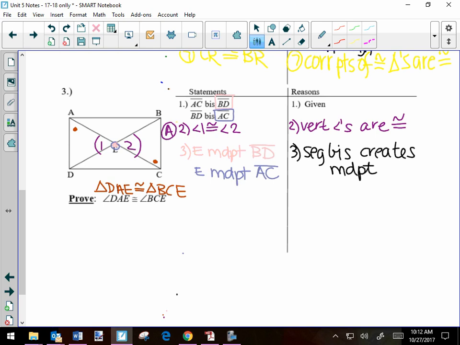So if I look at what I have in line 3, the first fact that E is the midpoint of the segment that goes from B to D, what that means is that E is going to divide BD into 2 congruent parts. So in line 4, I'm going to put that BE is congruent to DE because a midpoint divides a segment into 2 congruent segments.